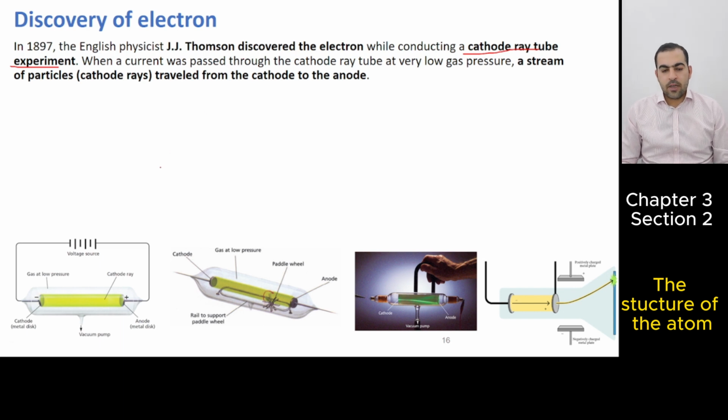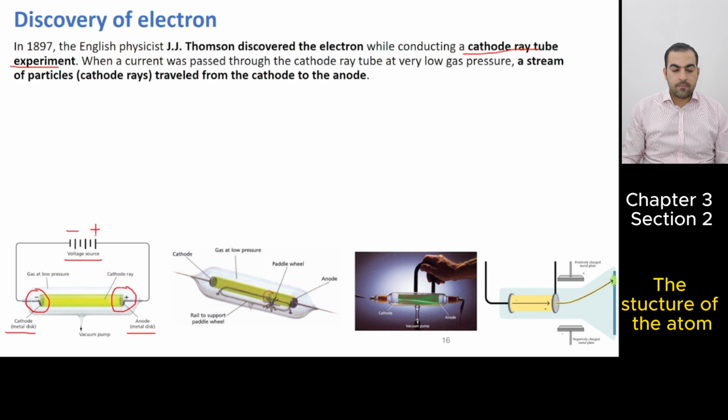So let's talk about the cathode ray tube experiment. J.J. Thomson brought a tube and he put two metal discs at the ends of the tube. From the left he put a metal disc, and at the other end he also put a metal disc, and he connected these metal discs to a voltage source, or we can say a battery.